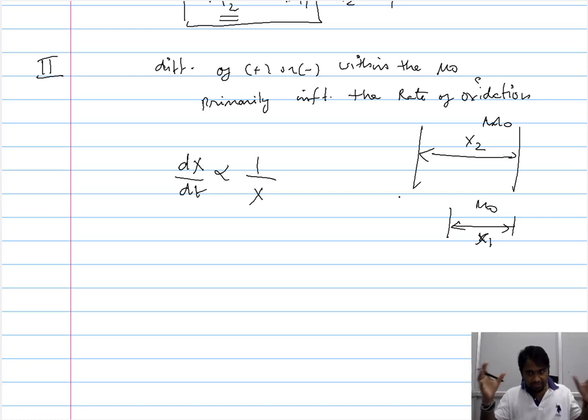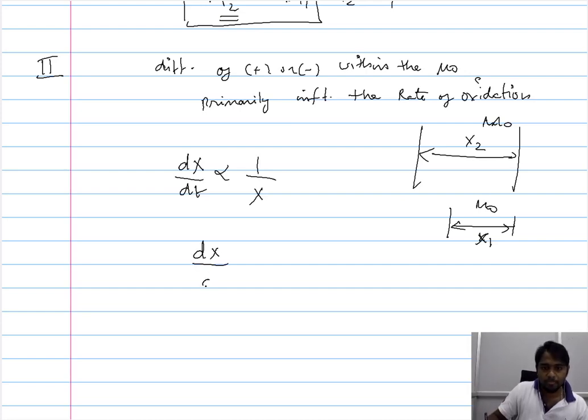So the greater the thickness of the metal oxide, the longer it will take for the ions to traverse across it. So that means the rate at which the oxidation is exhibited is inversely proportional to the thickness of the metal oxide that is present. So now we can remove this proportionality sign by introducing a constant.